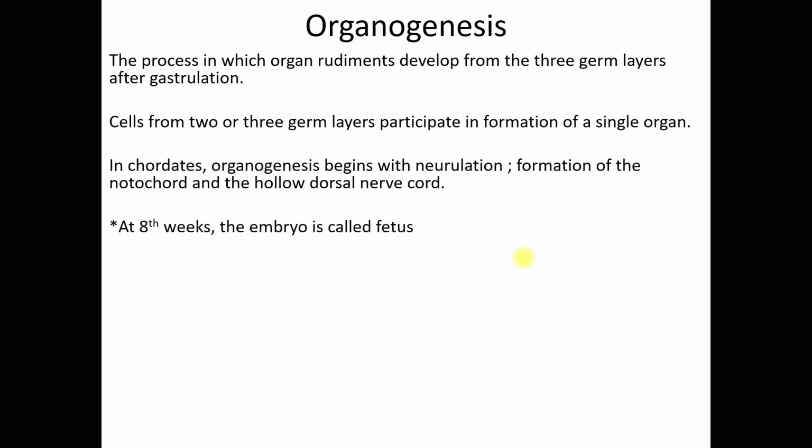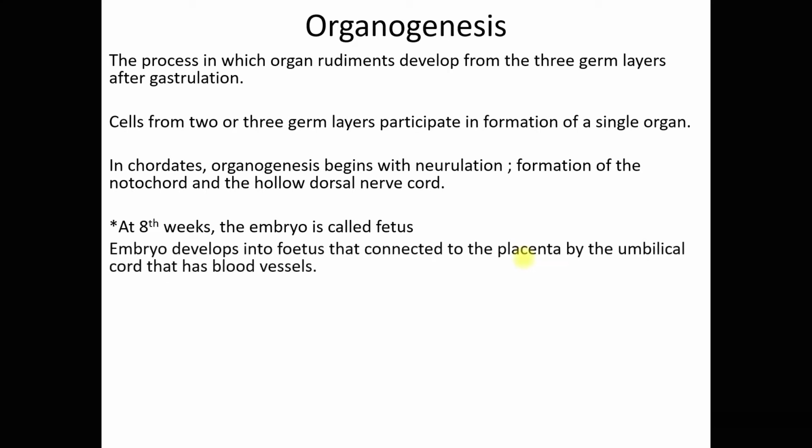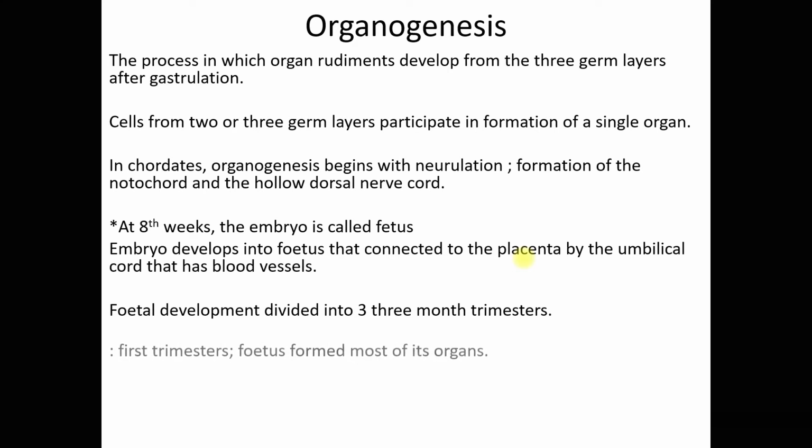At 8 weeks, the embryo is called a fetus. The fetus is connected to the placenta by the umbilical cord, which has blood vessels. Fetal development is divided into 3-month trimesters.